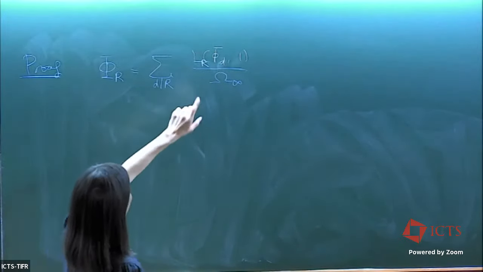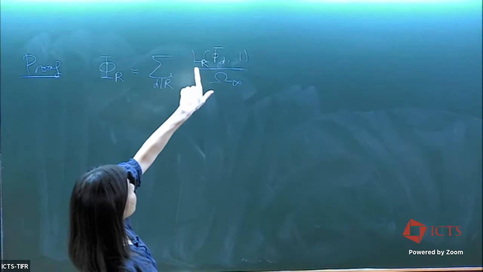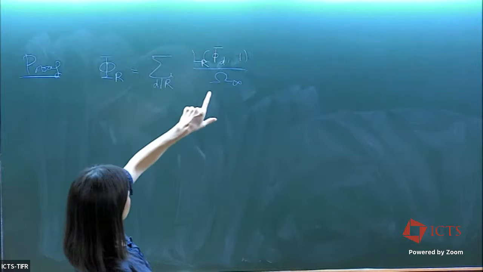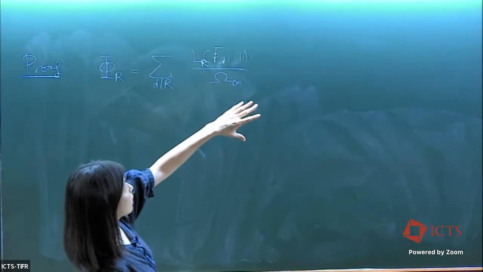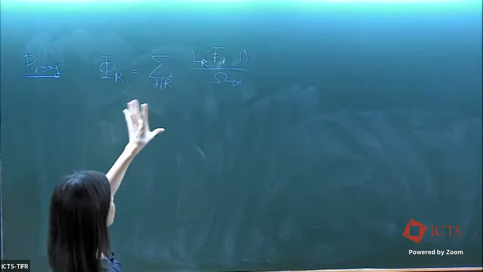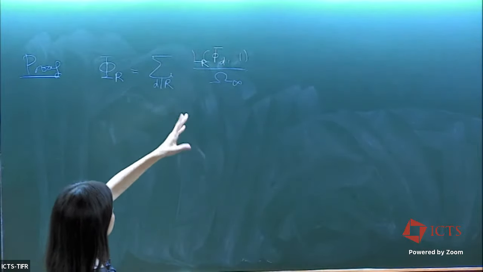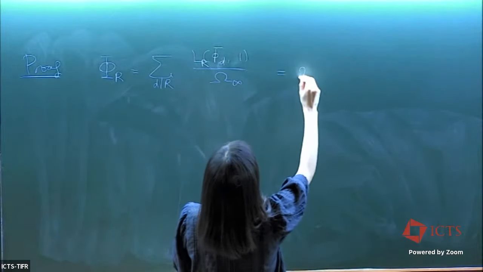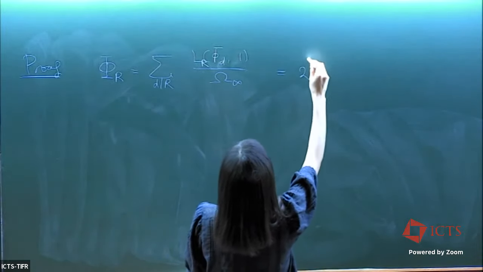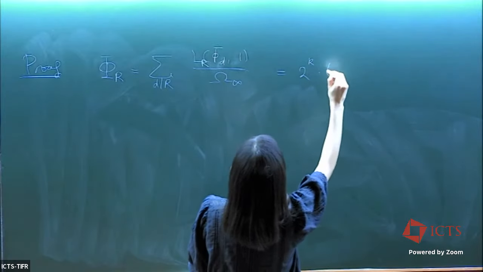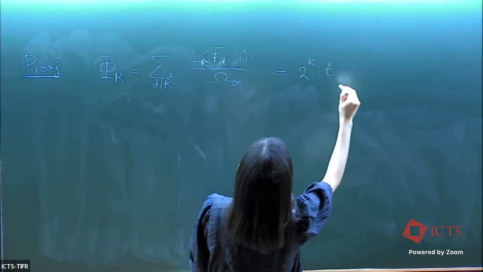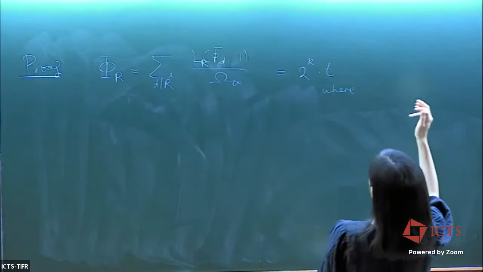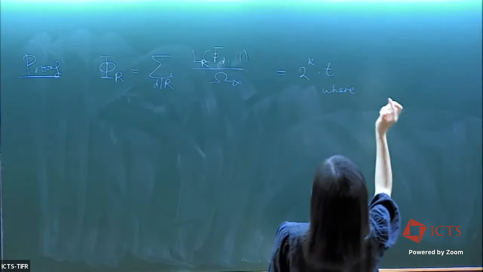And then there is a classical result relating this to Eisenstein series of weight 1. Summing over this, you can write it as a trace of Eisenstein series, and using this, you can show that this is equal to 2 to the k times t, where t is something with integral valuation.